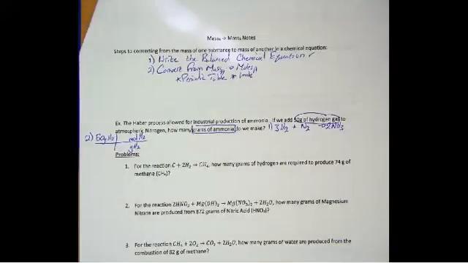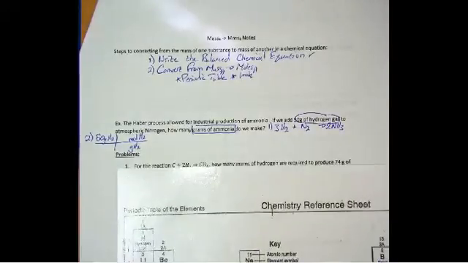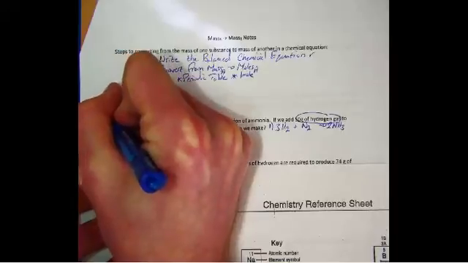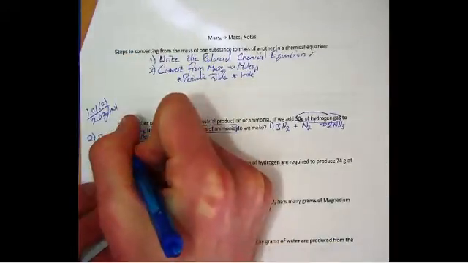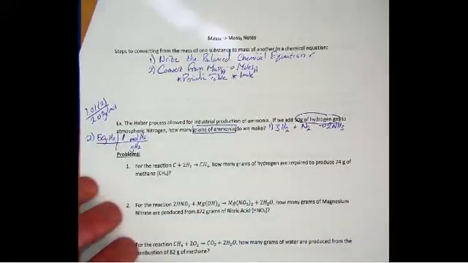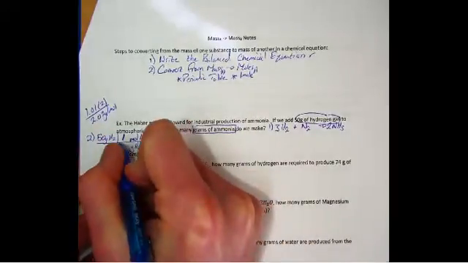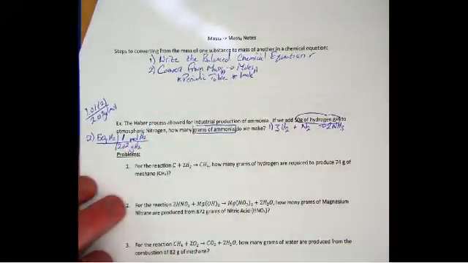All right, we're going to look at our periodic table. I see that hydrogen has a molar mass of 1.01. So 1.01 times 2 gives us 2.02 grams per mole. Now, since it's always grams per 1 mole, I'm going to fill the 1 in first on top. That means that we have 2.02 grams on the bottom.